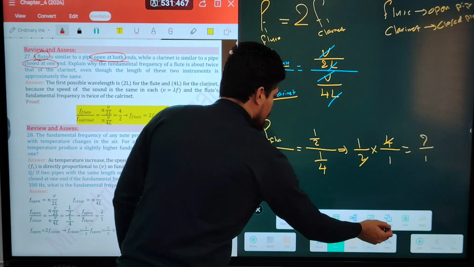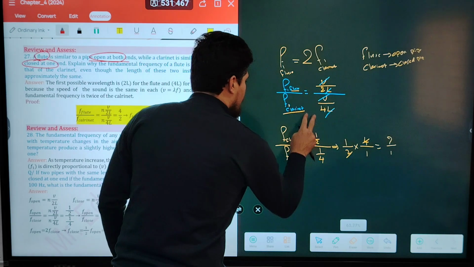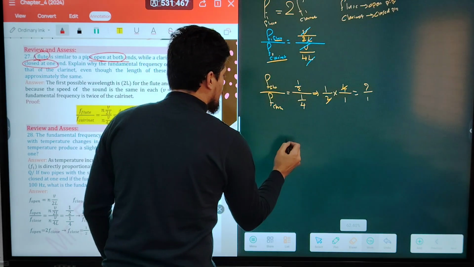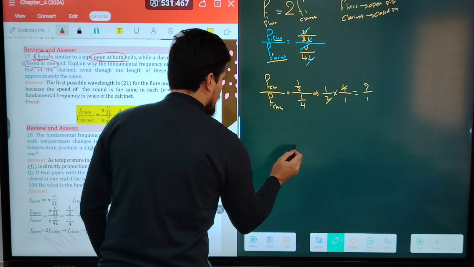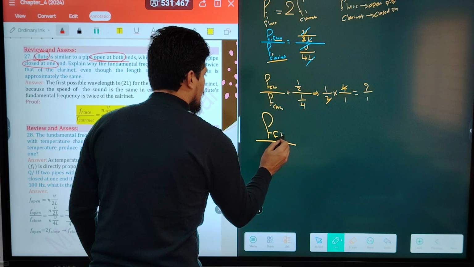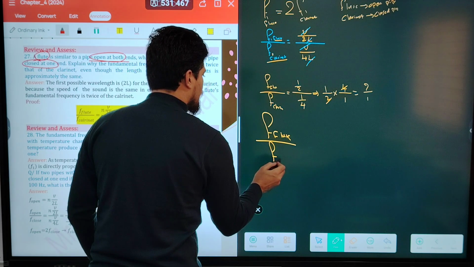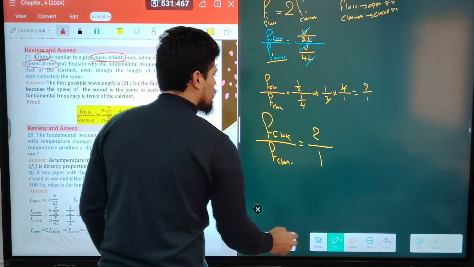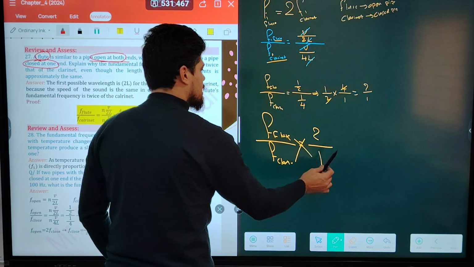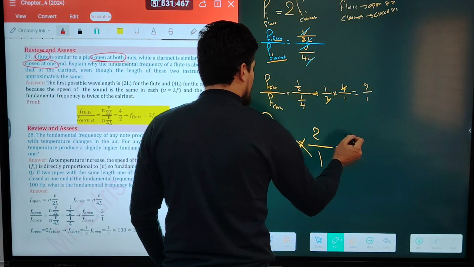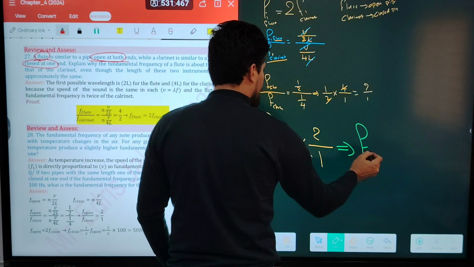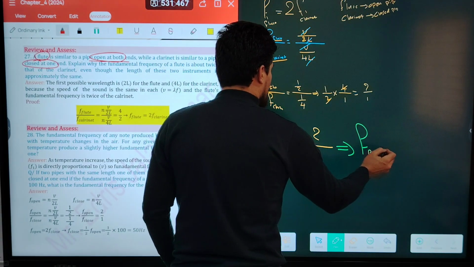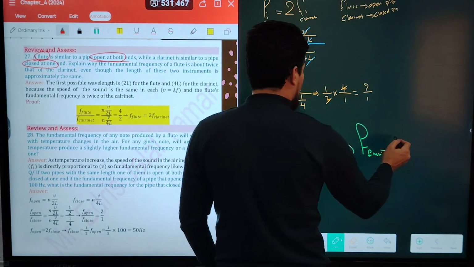Okay? So the frequency of the flute, which is open at both ends, over the frequency of the clarinet, which is closed at one end, is equal to 2 over 1. Cross product: 1 times F flute is 2 times the frequency of the clarinet.